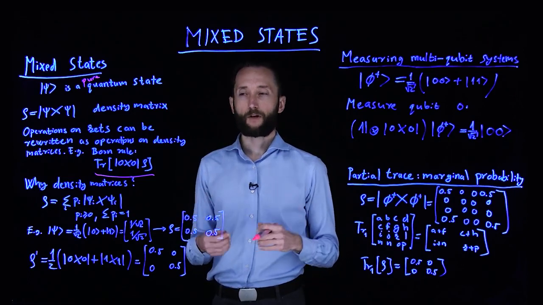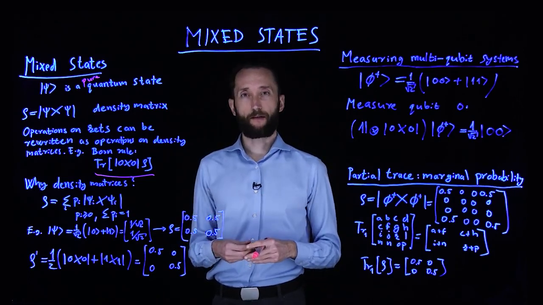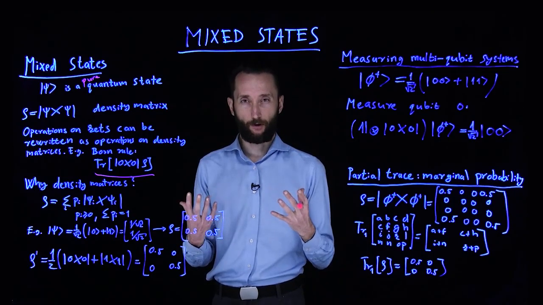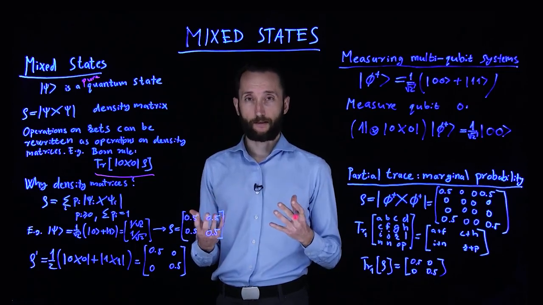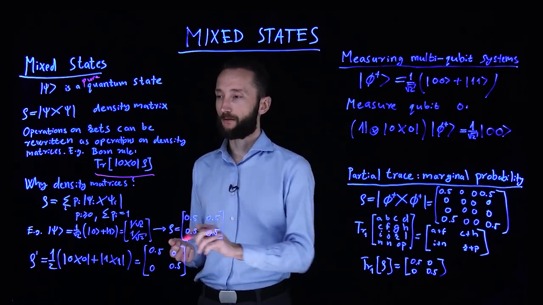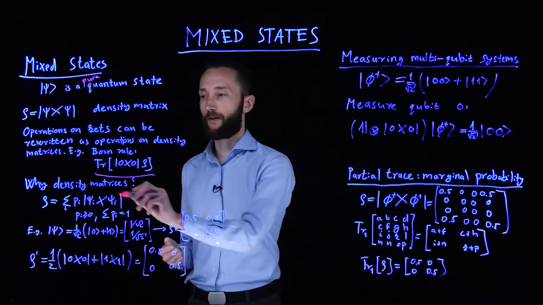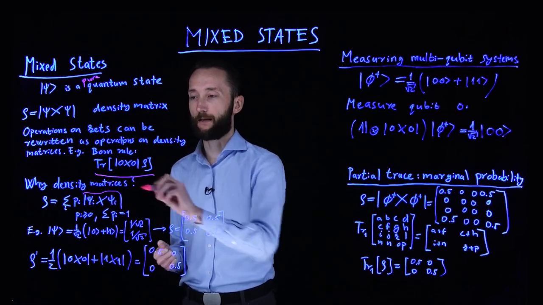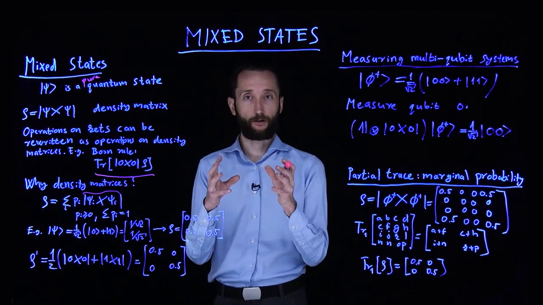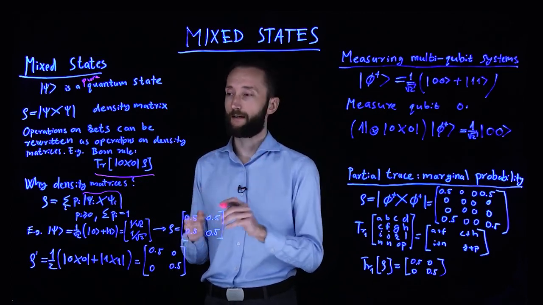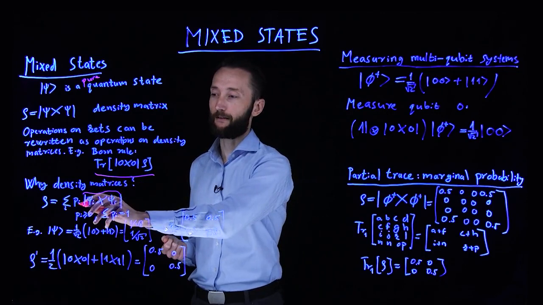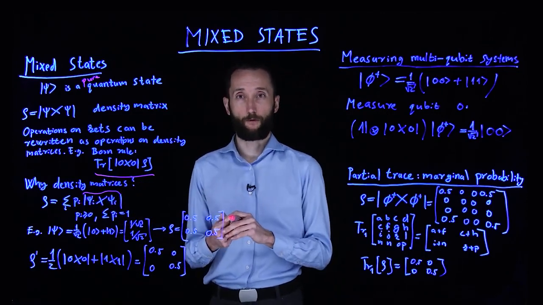So why do we need these density matrices? Why do we need this alternative formalism? Well, the reason is because we can also create probabilistic mixtures over pure states. So now you can have the same ket and bra description of a pure quantum state, but you can create a classical probability distribution over them.